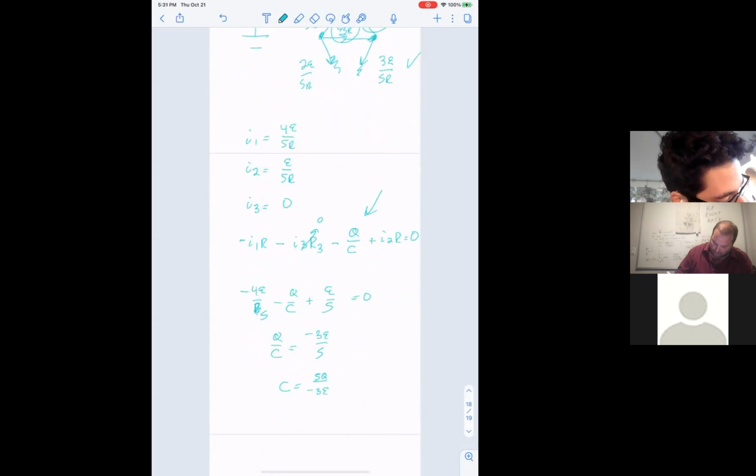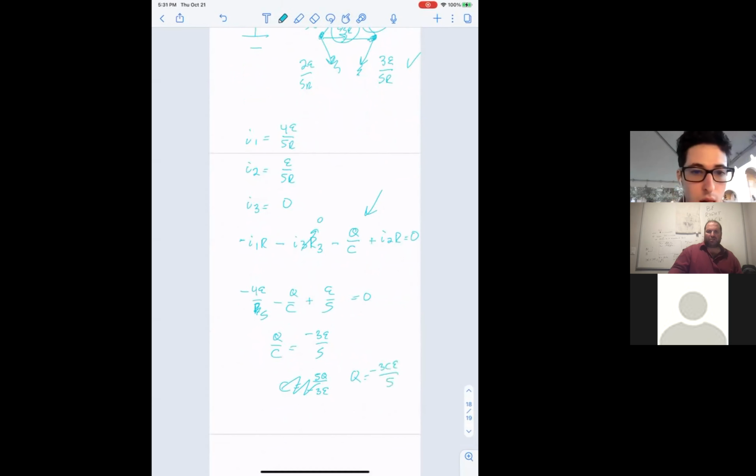So Q equals negative 3EC over 5. But why negative? Because you have the negative Q. No, it doesn't make any sense. Q is a positive number. There's just a math error somewhere.